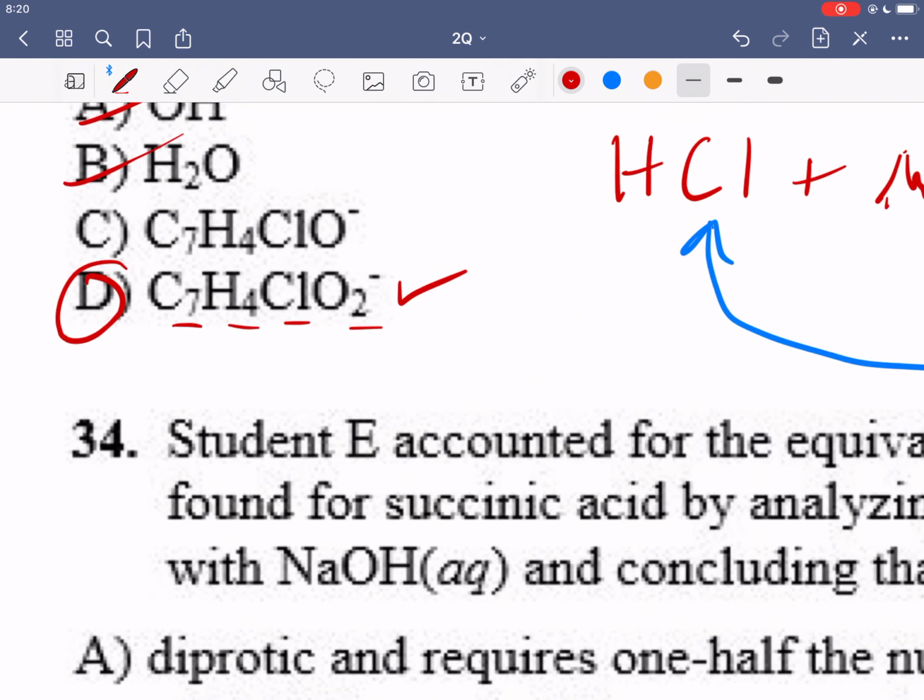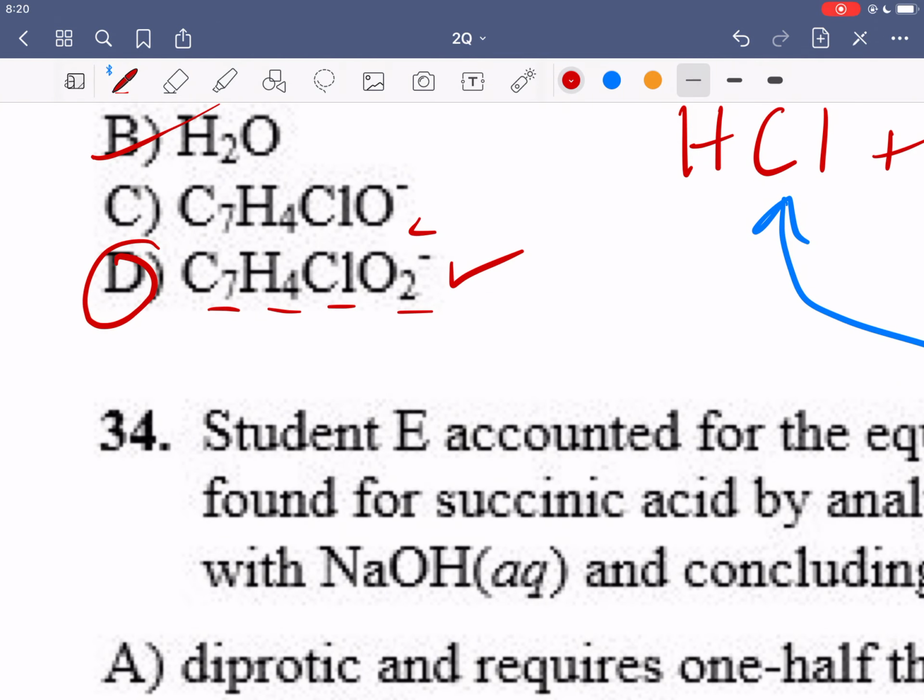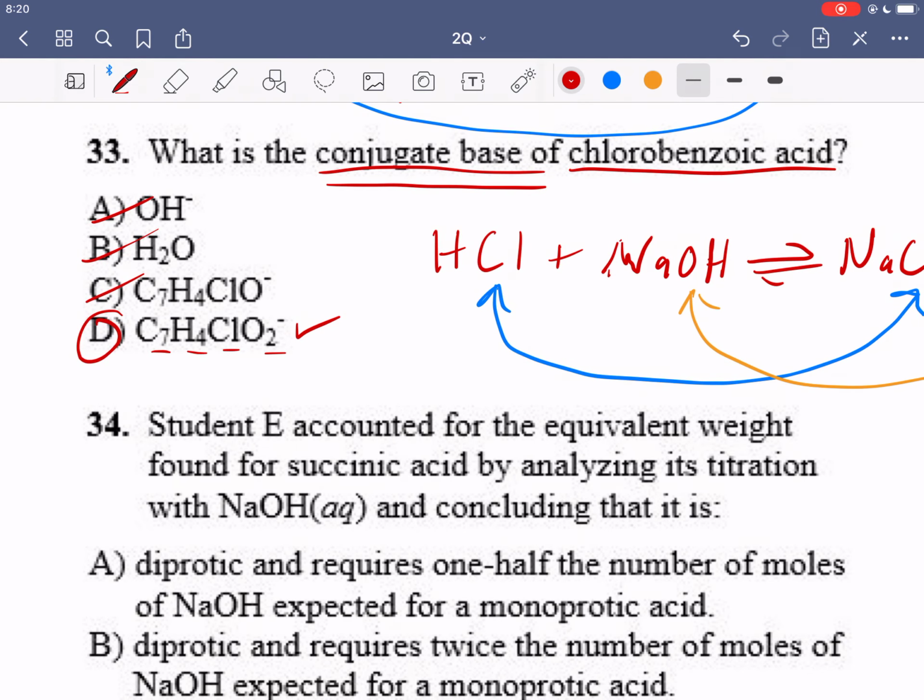And then the problem with C is that it should be O2, but they removed an O. They treated this as if it were a base that lost an OH. If you draw out the entire molecule, and I'm not going to, all I really need to draw is the functional group at the end. It's a carboxylic acid. That's the type of acid we're looking at here.